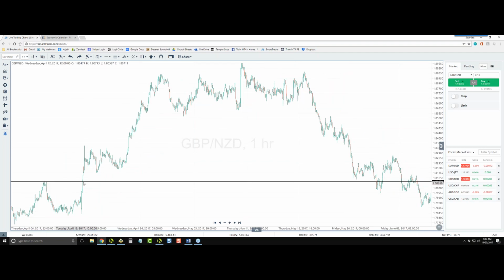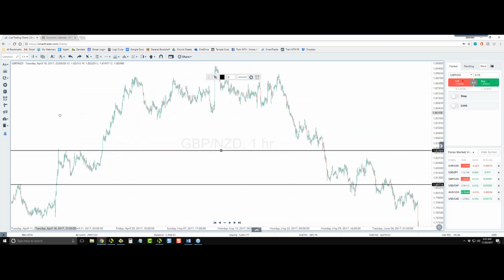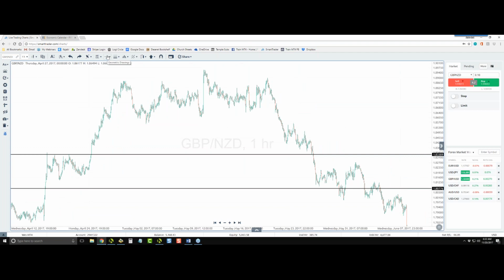So selling here sounds like a bad idea, but if we also sell here or anywhere in between, and then maybe we also sell, let's see here.